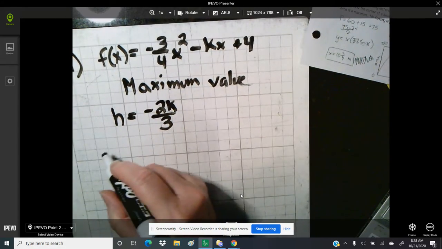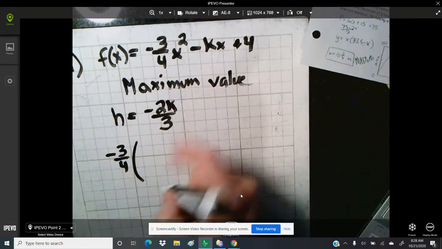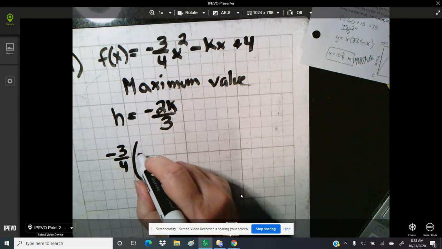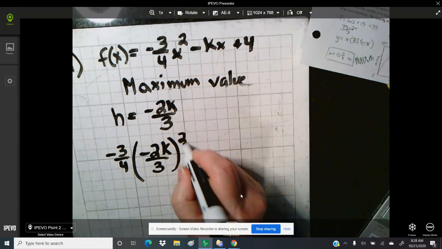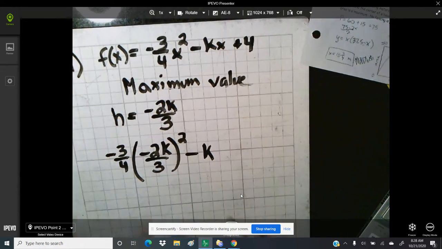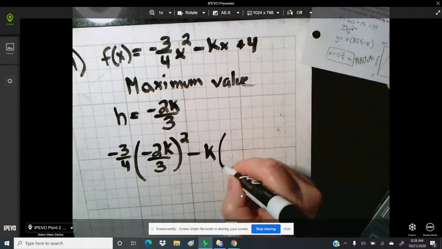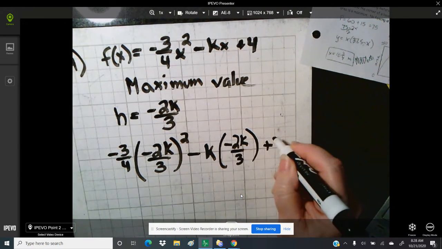I'm going to have minus 3/4, and I'm going to plug in minus 2k over 3 for x, squared, minus k times minus 2k over 3, plus 4.